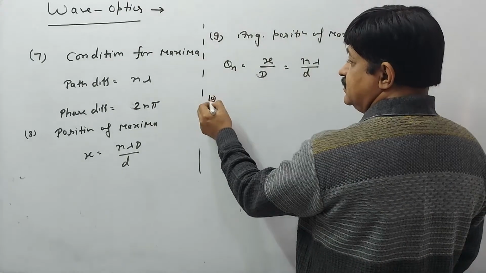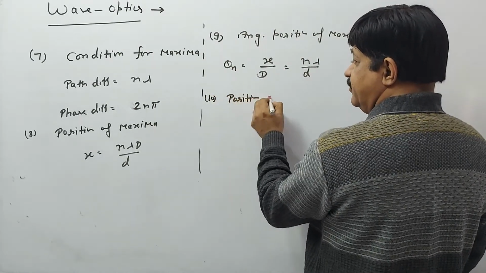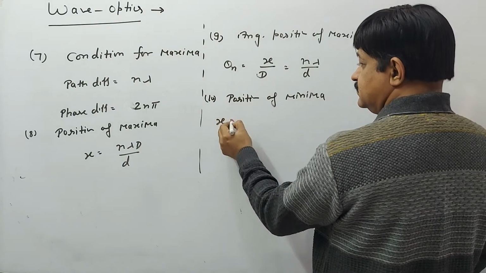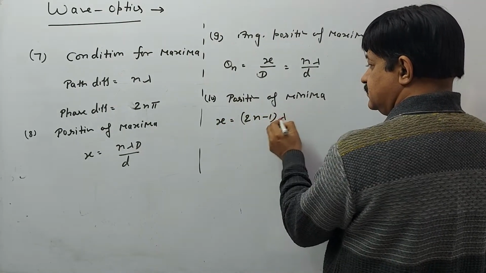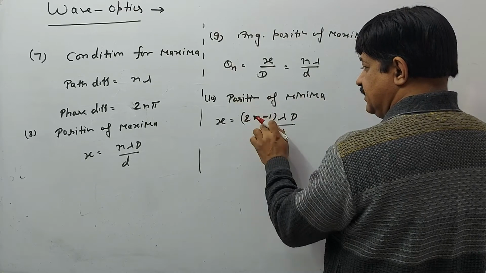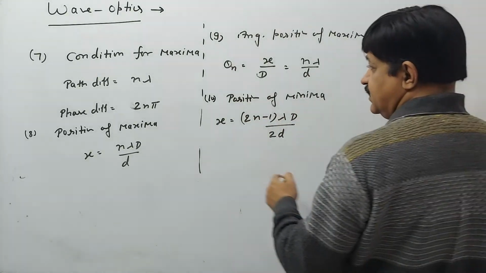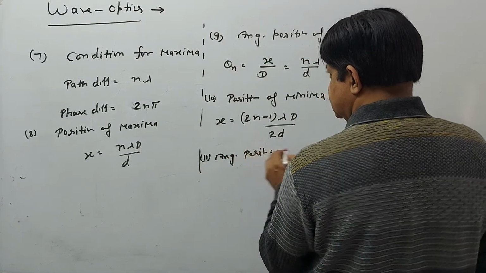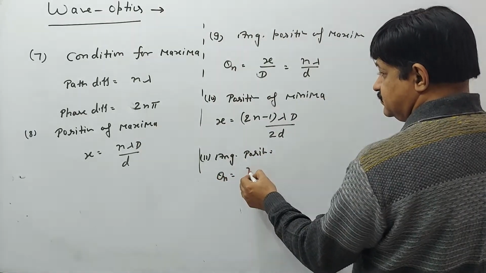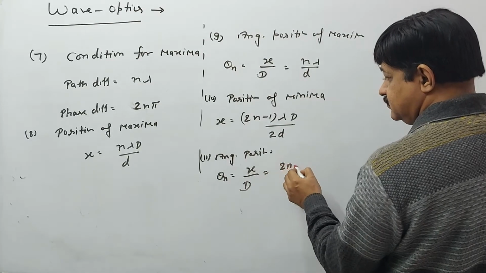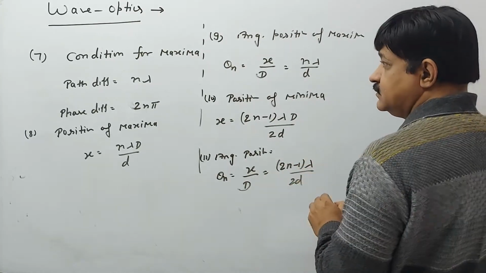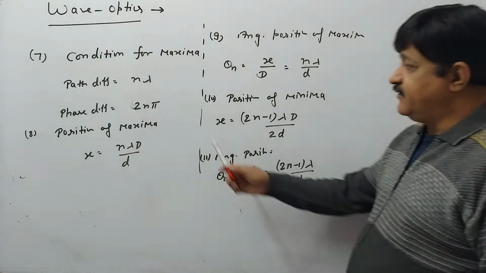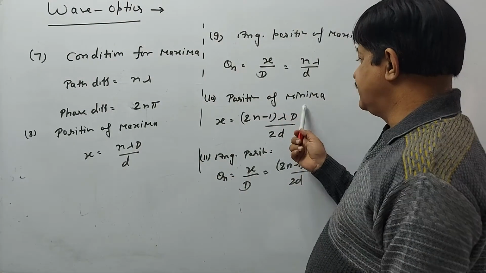Similarly, if you want to find out position of minima, 2n minus 1 lambda D by 2d, and angular position of minima is 2n minus 1 lambda by 2d. So these are for maxima and these are for minima conditions.